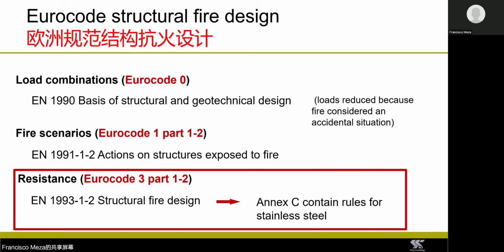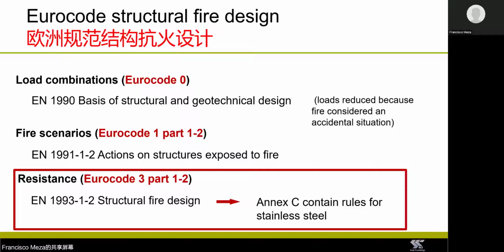One thing you need to be aware of is that even though the strength of the steel is reduced at elevated temperatures, the design loads you need to use to design your members are also lower than those you have to use for design at ambient temperature. The reason for this is that the Eurocodes consider a fire to be an accidental situation.